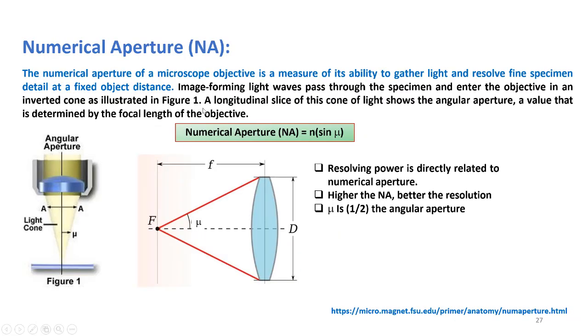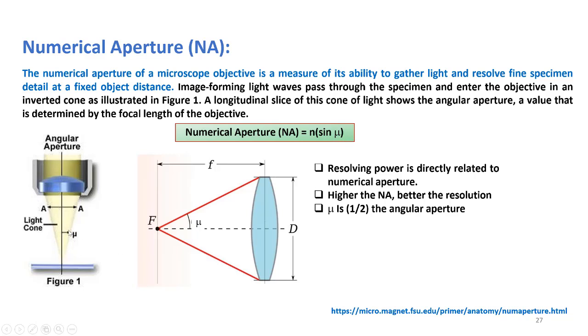Then another important terminology is the numerical aperture. The numerical aperture of a microscope objective is a measure of its ability to gather light and resolve fine specimens. The higher the numerical aperture, the higher the resolution, or the resolving power, because it depends upon two factors: n, the refractive index, and mu, the angle.